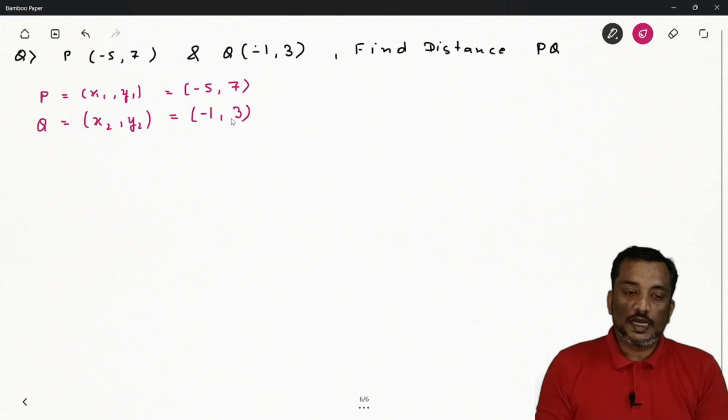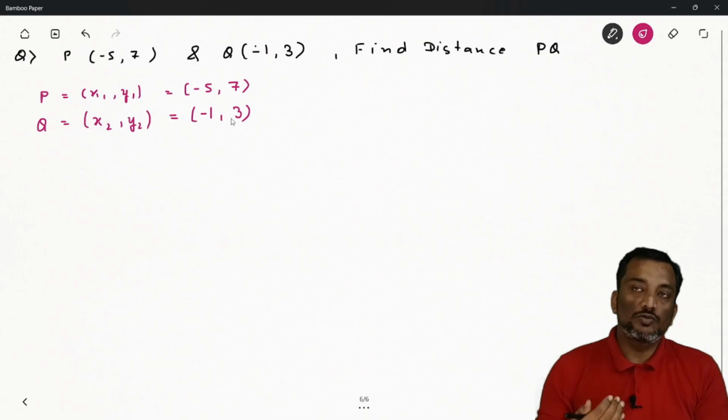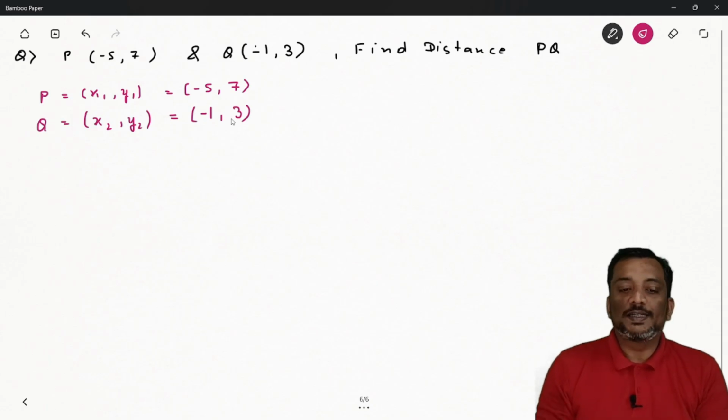Sometimes a student asks, sir, if I take P as x2 comma y2, or Q as x1 comma y1, will our value change? No, the value will remain the same. It completely depends on you what you take as x1 or x2.